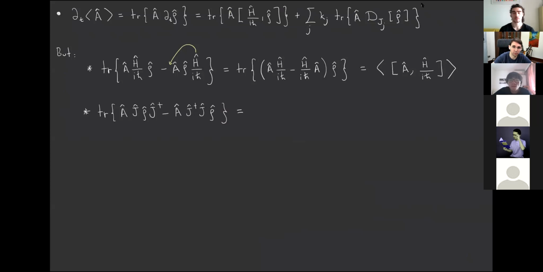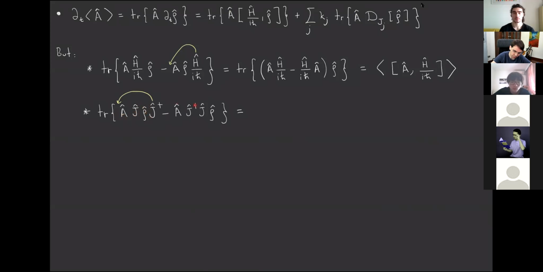And now I can do, again, the same kind of trick. Here I have the state on the right, so now I want to write this term with the state on the right. For that, I can use the cyclic property of the trace and simply move this jump operator to the left of A. When you do this, it's very easy to write, because now you will have J dagger A, and then on the right you will have J rho.